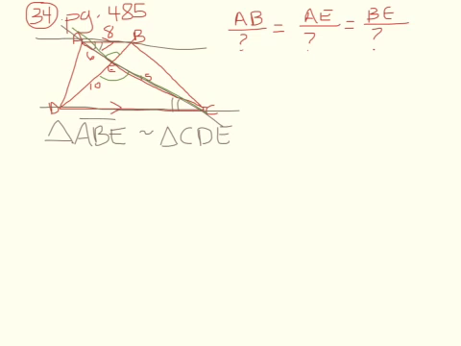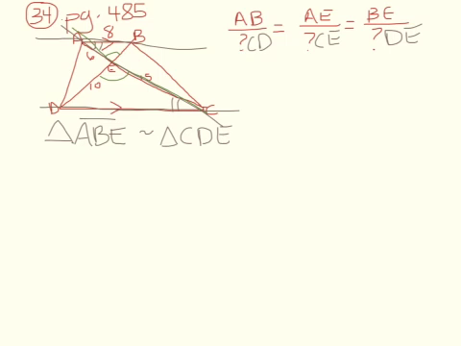So now I can fill in these proportional statements with the sides. So that makes AB proportional to CD, and that makes AE proportional to CE, and that makes BE proportional to DE.